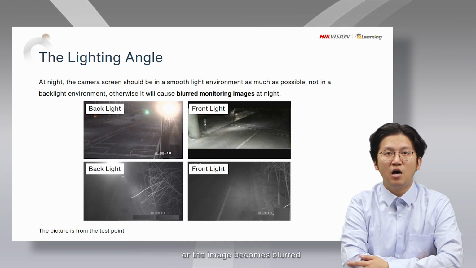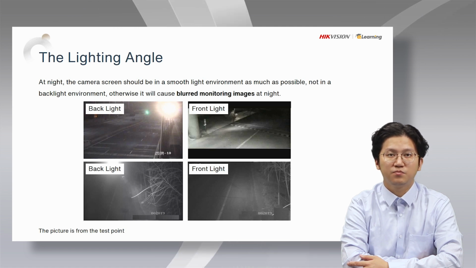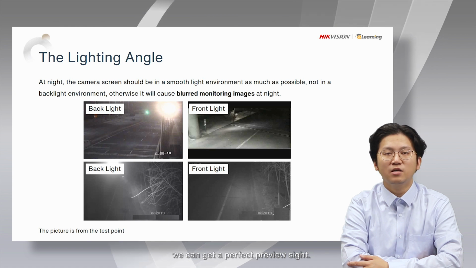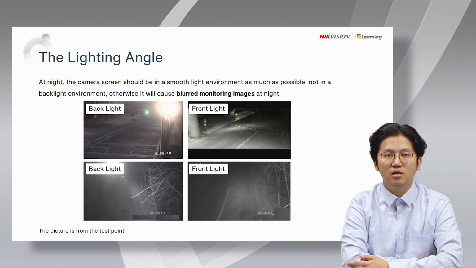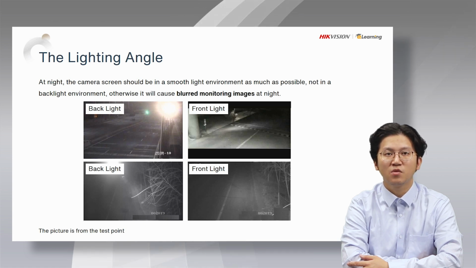Or the image becomes blurred and there is no way to find the target object. We got a blurred monitoring image. But with proper front light on the right, you can see we can get a perfect preview shot. Like the pictures on the right, we can see the path very clearly, right?